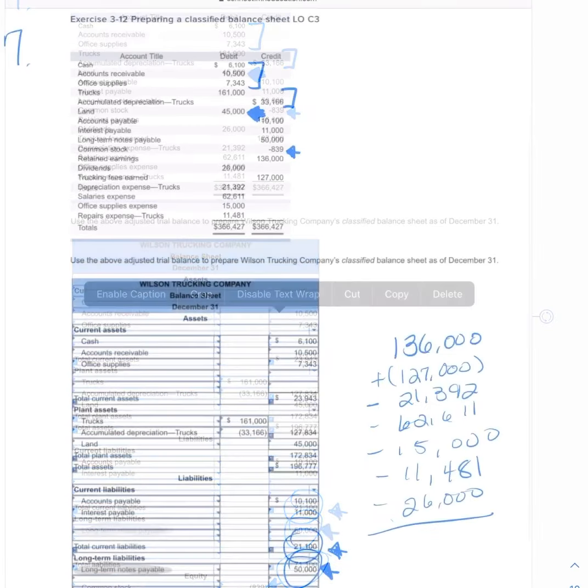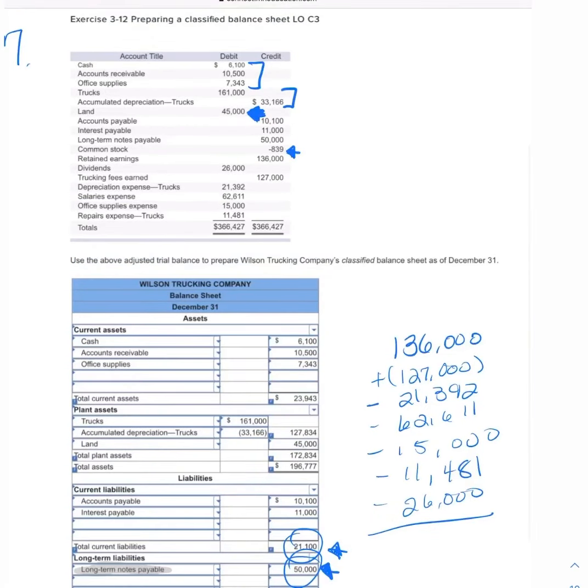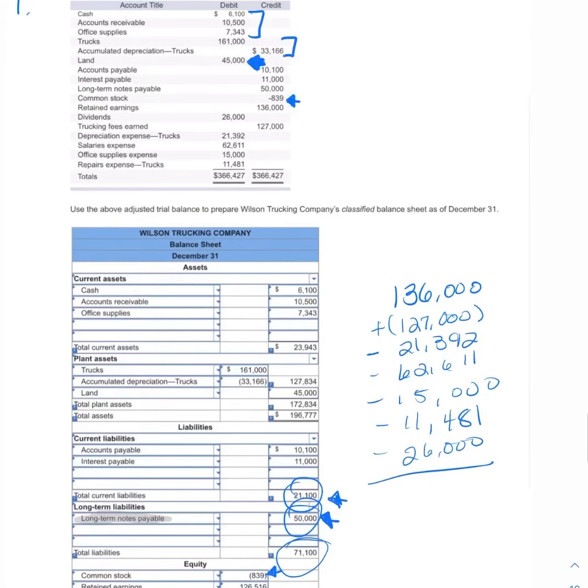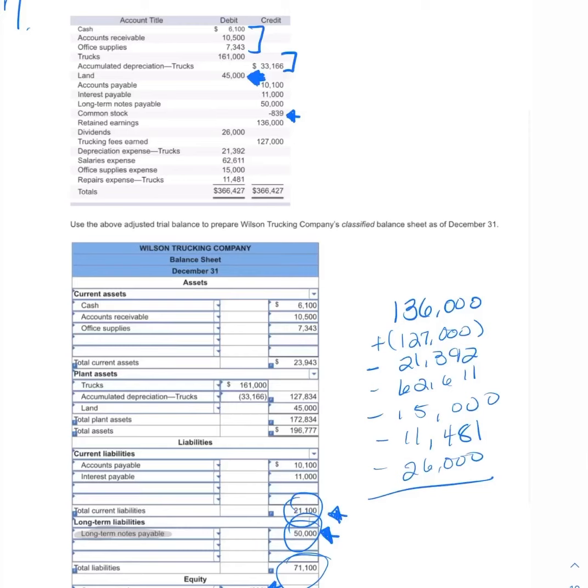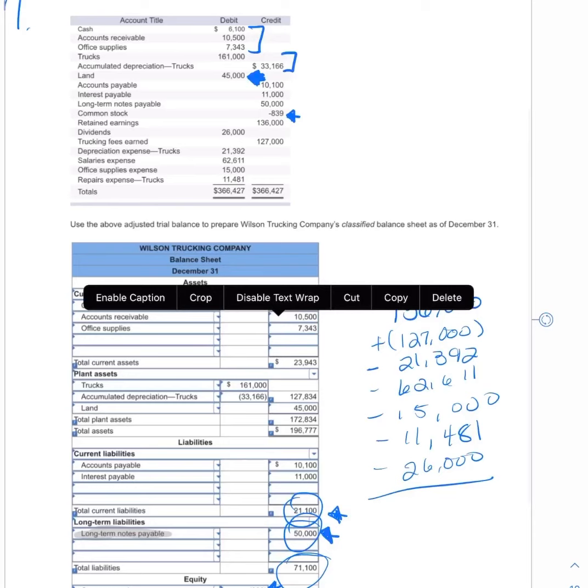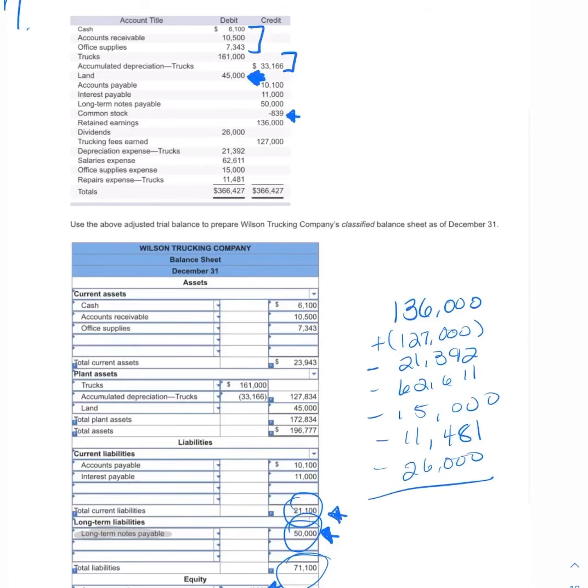The way we're going to get that, what we need to do is some math out to the side. I paused the video for just a second to get this jotted down, just to speed up the video for you a little bit. So we're just going to come in and find our beginning retained earnings balance, and what we're essentially doing is a mock income statement / statement of retained earnings, where we just pull out all the numbers we need to get that number down at the bottom. It's not as clean as if we were to prepare an actual income statement and statement of retained earnings, but it'll get us the numbers we need.